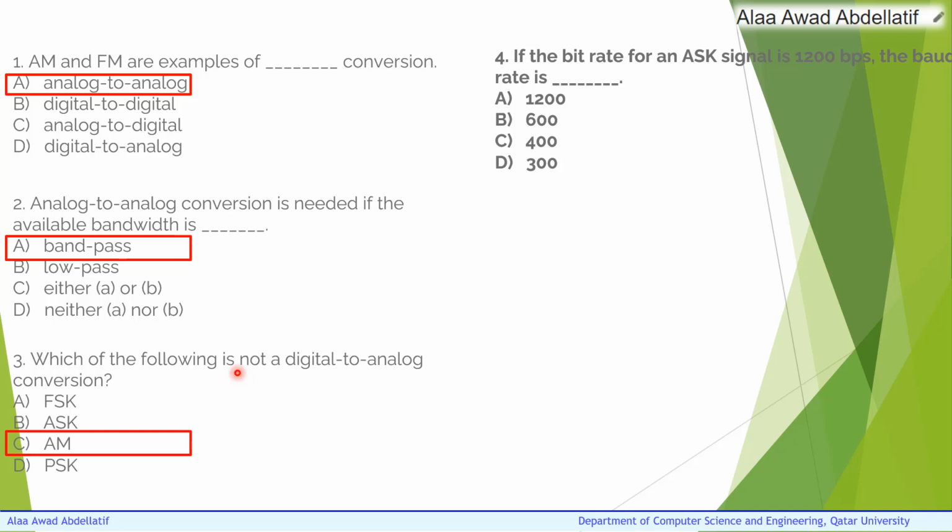I'm changing the amplitude, so R equals 1. When R equals 1, it means the baud rate equals the bit rate. So if the bit rate is 1200, the baud rate will be 1200 too. Okay.